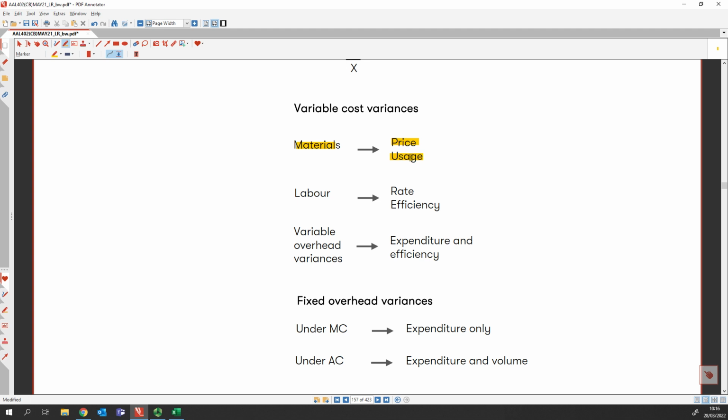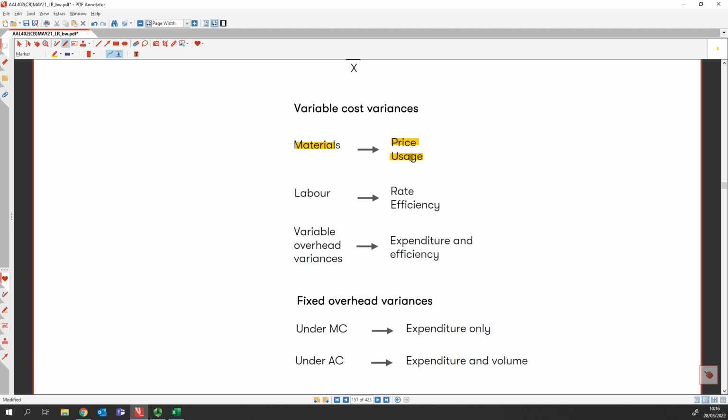And then the managers might say, well, why is that? You might say, well, we're paying more for the materials that we're buying in. That would be a price variance. The price is different. Alternatively, a reason for a materials variance might be the usage of that material.